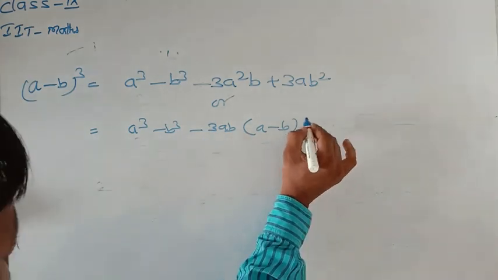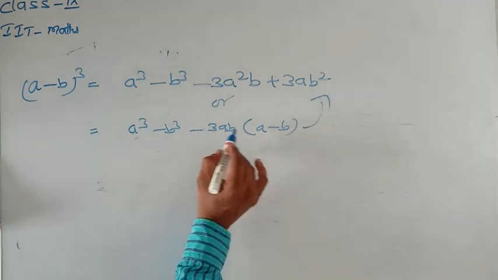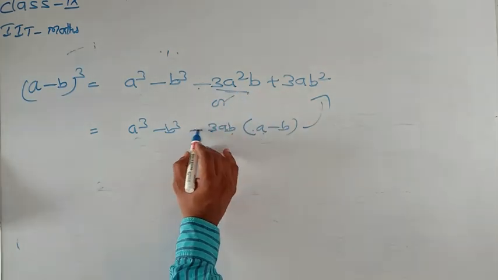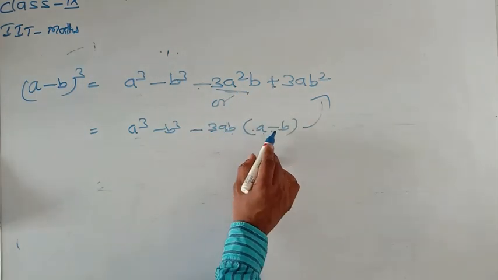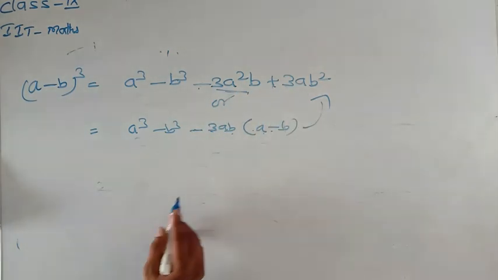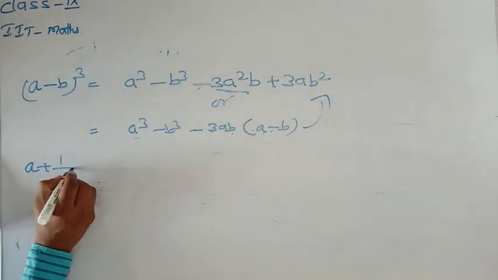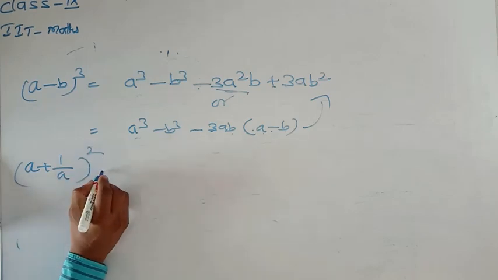After simplification I get again the same terms. Minus into plus is minus, 3ab into a is 3a square b; minus into minus is plus, 3ab into b is plus 3ab square.